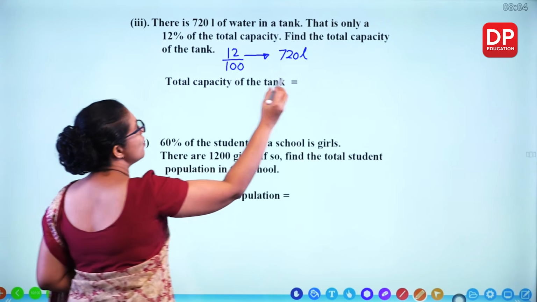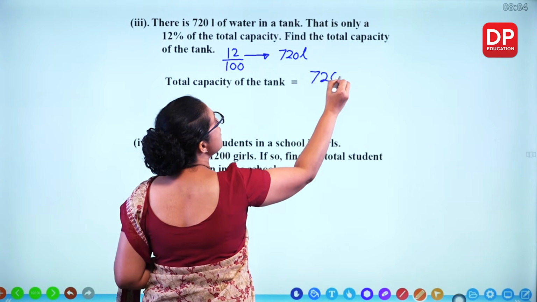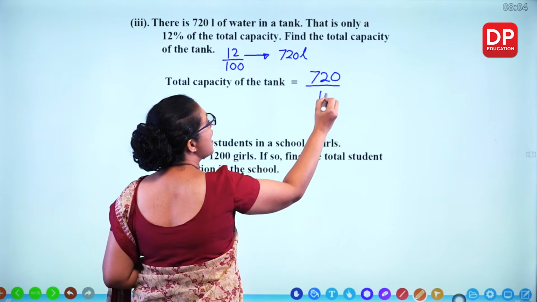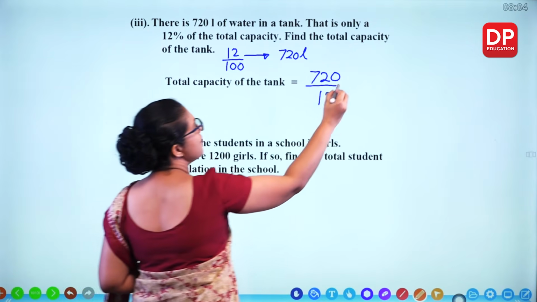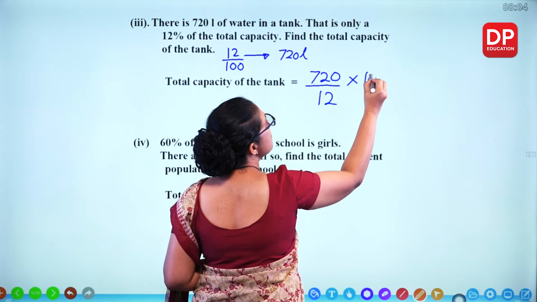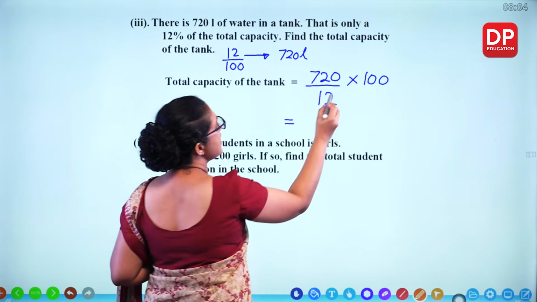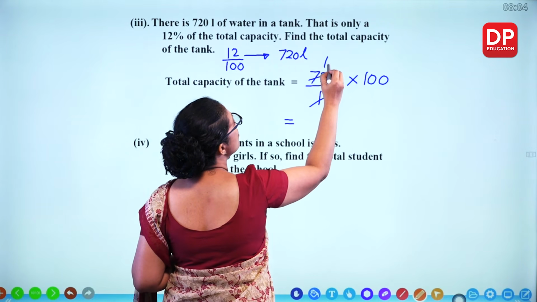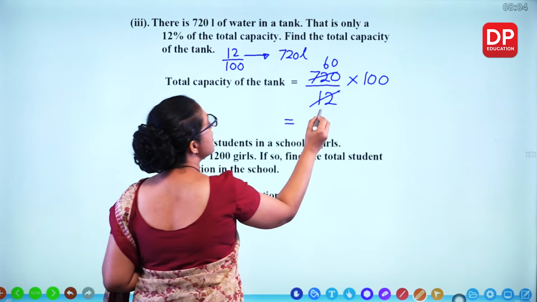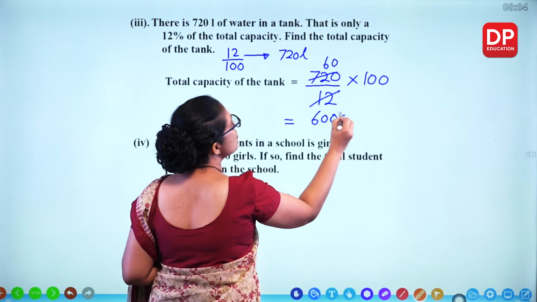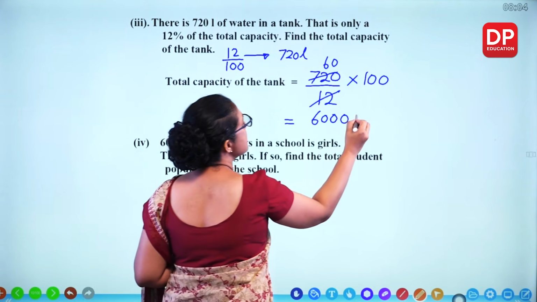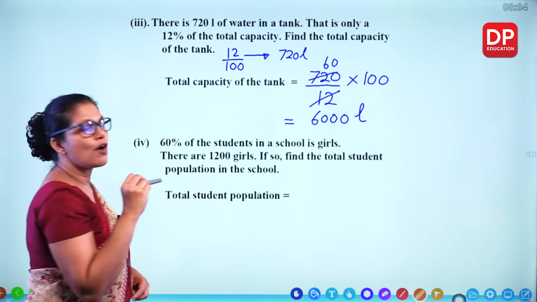So what do we do? You find one part, that's divide by 12, and then for full you multiply by 100. So 12 times 6, 72. So 60 into 100, you get 6,000 liters is the capacity of the tank.